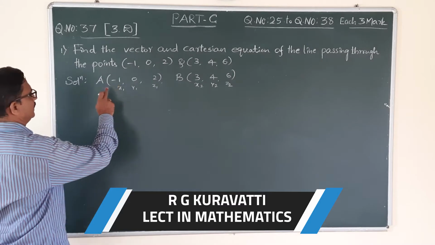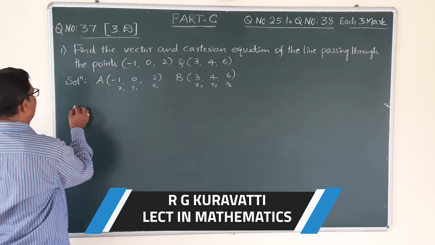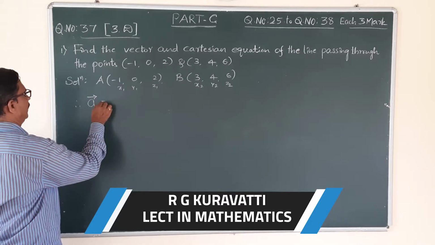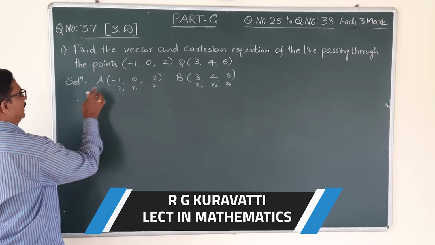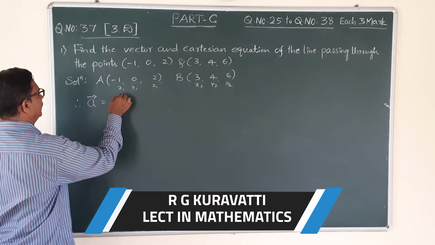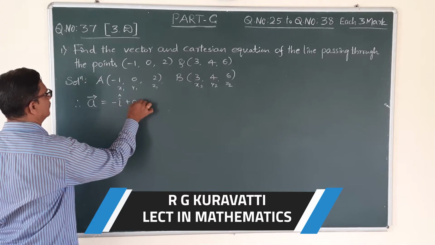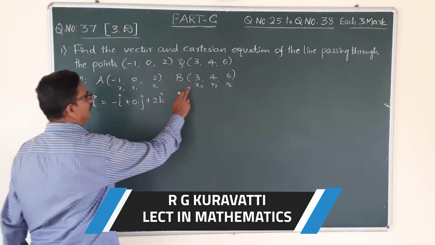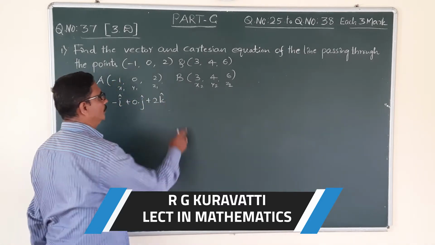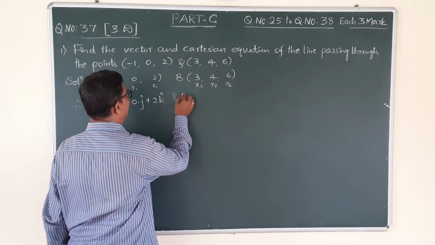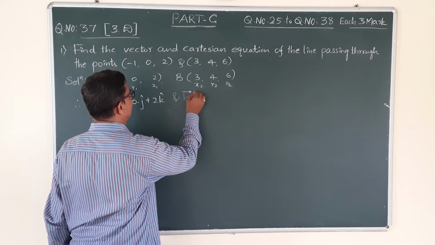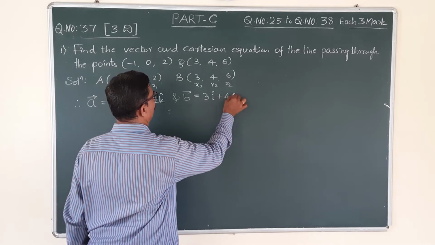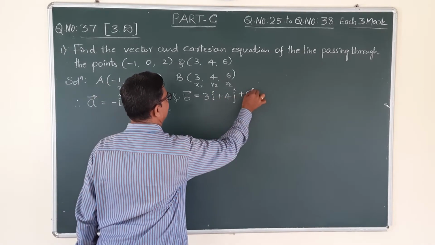Here A is the point x1, y1, z1. Therefore its position vector OA, represented by vector a, is -1i plus 0j plus 2k. Then B is the point x2, y2, z2, and its position vector b is 3i plus 4j plus 6k.